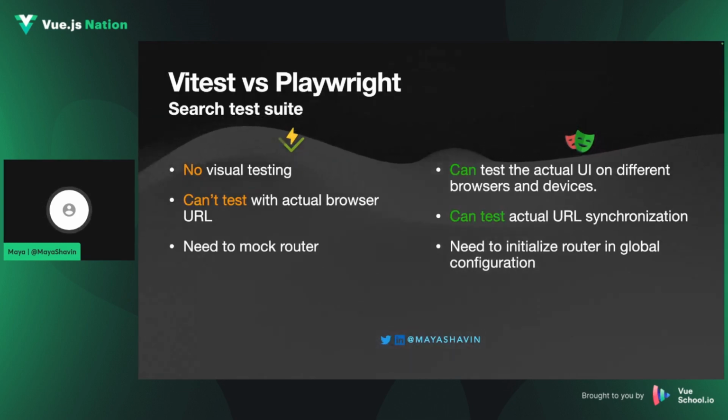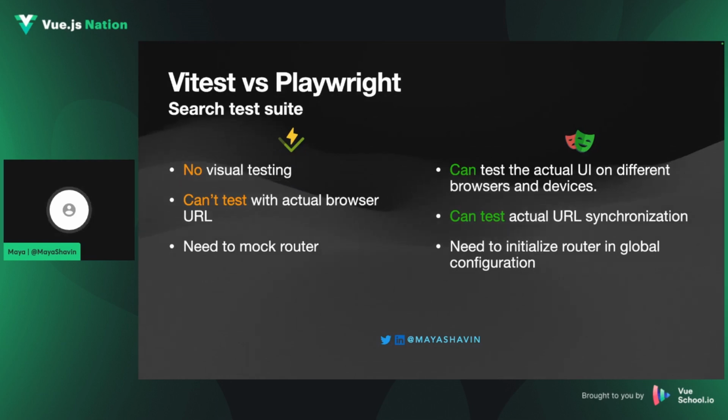It can test actual URL synchronization. As you can see, we can change the search input. We can see the URL reflected in real time. And still, it needs to initialize the router and the global configurations. It's kind of similar to mock router, but it also can be better because if we do component testing or end-to-end testing on the application, maybe we do need the router to be initialized for all the views.